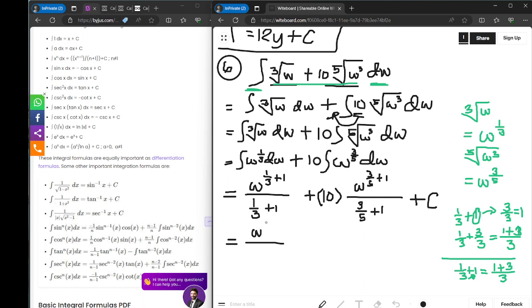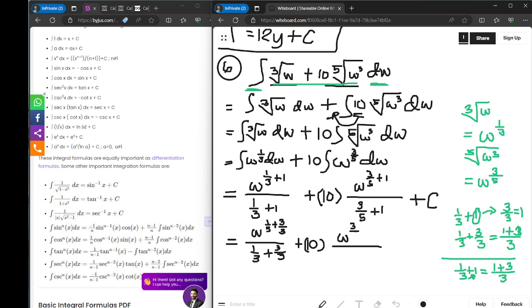So this will become W raised to the power of 4. Okay, I'll just rewrite them step by step. So this is now 1/3 plus 3 over 3. Then we have plus 10 times W, so this is now over 5.